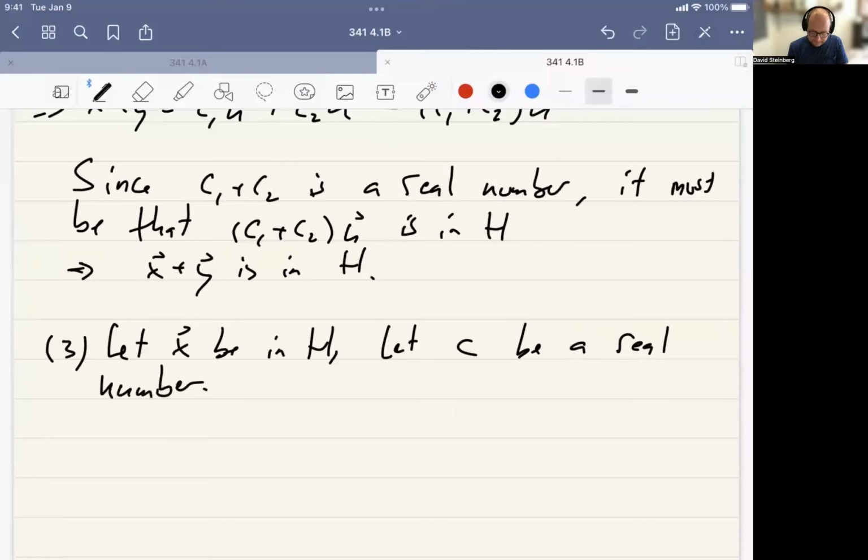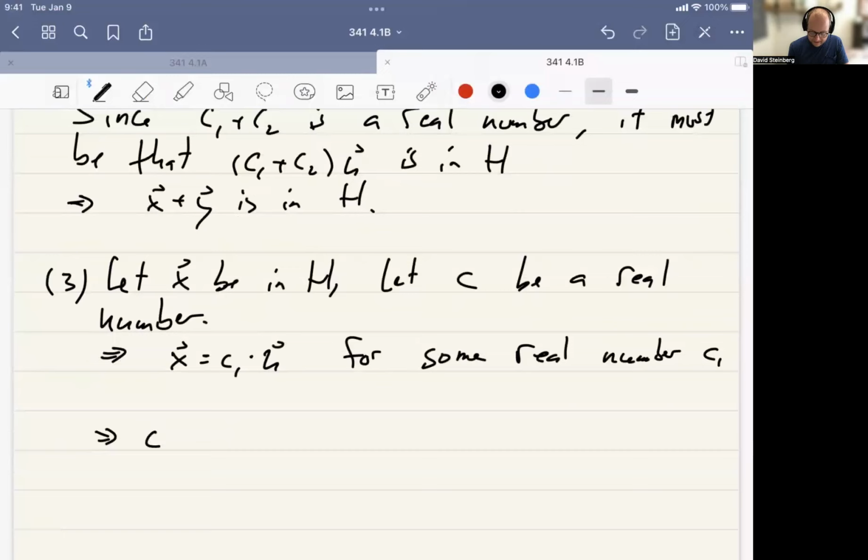Okay, again, as before, this means X is equal to some C1 times U for some real number C1. But this means that Cx is equal to C times C1 U. And we know from our definition of vector space that how we parenthesize these things doesn't matter.